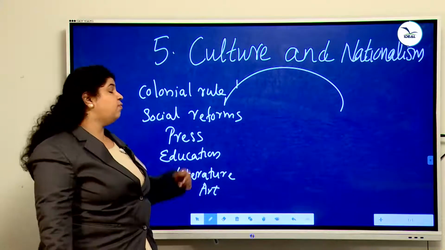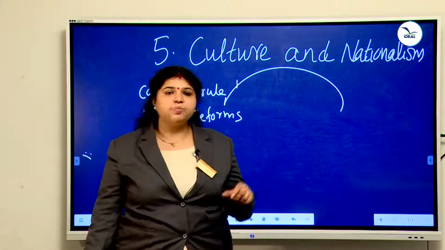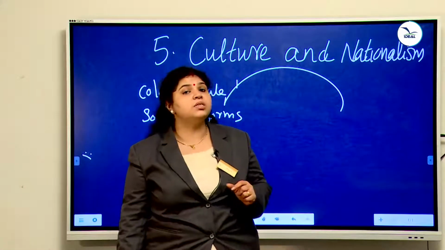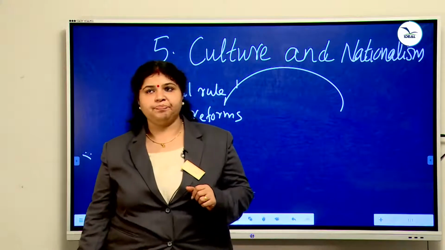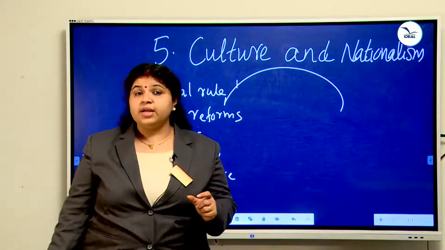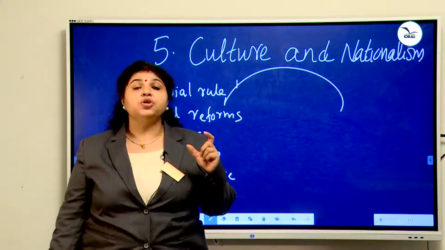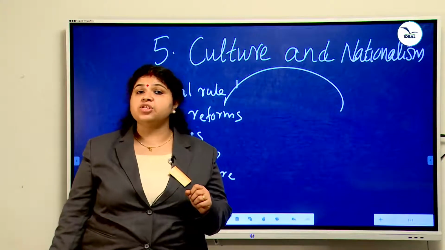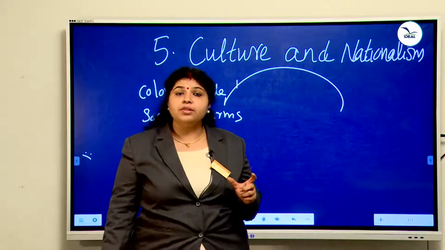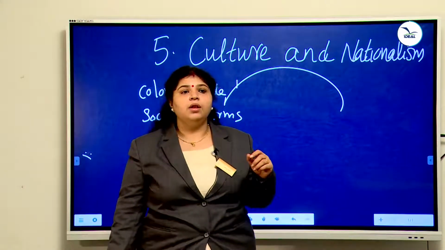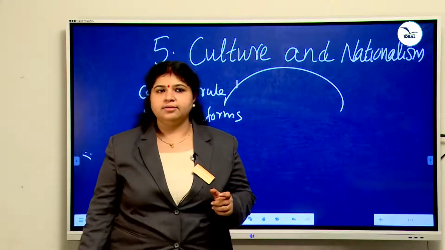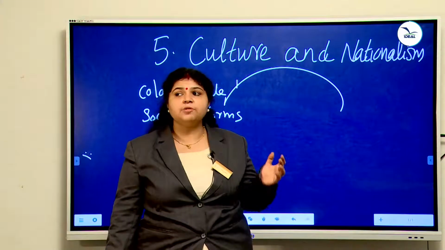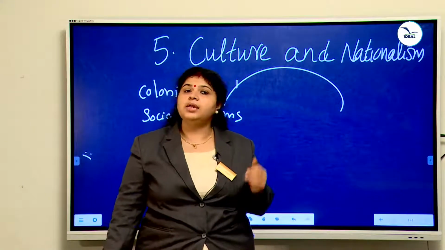So let's begin with colonial rule. In this part we are going to learn how colonial rule helped the emergence of Indian nationalism. The British understood that it is very important to make an in-depth study of India for administrative convenience. For that, they decided to learn about India, and they translated the early Sanskrit and Persian books into English.